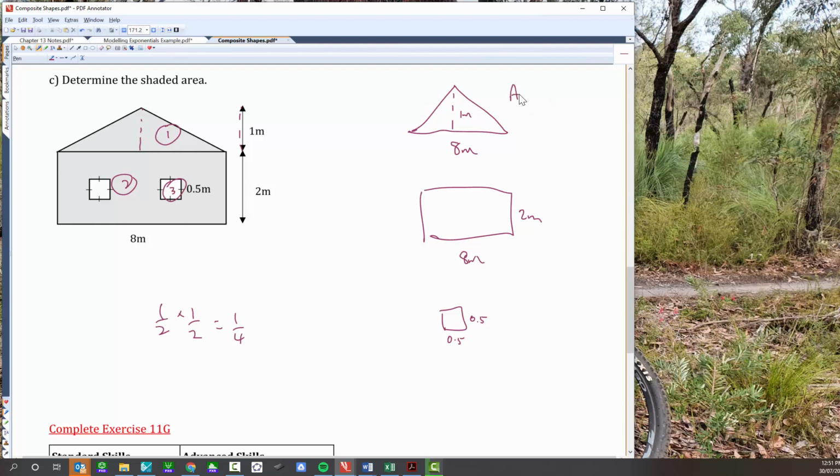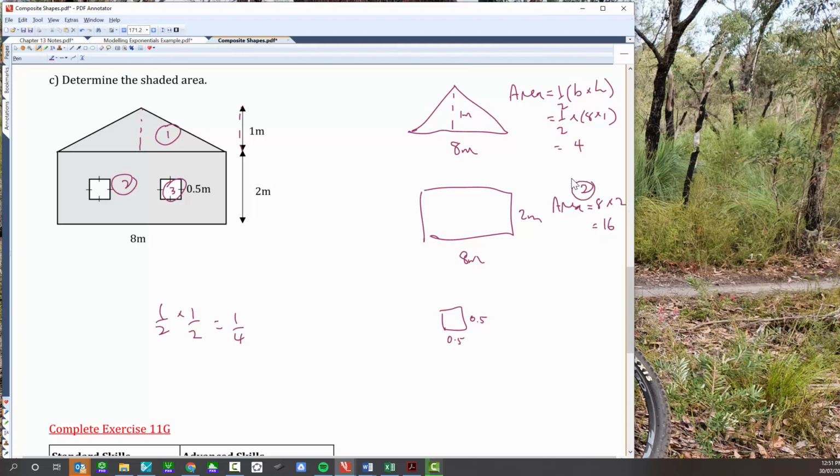Right, so area equals half of the base times the perpendicular height, which is half of 8 times 1. 8 ones are 8, half of 8 is equal to 4. Right, this one here, we're going to go area equals base times perpendicular height, or 8 times 2, and that's equal to 16.